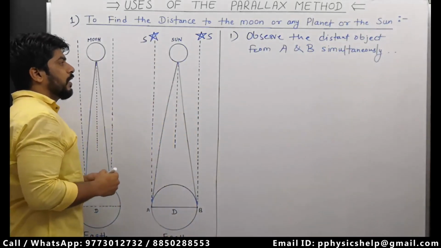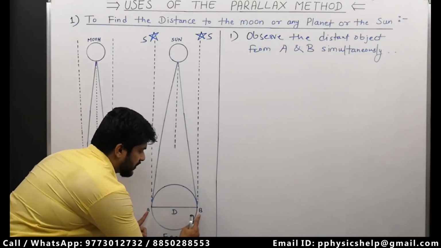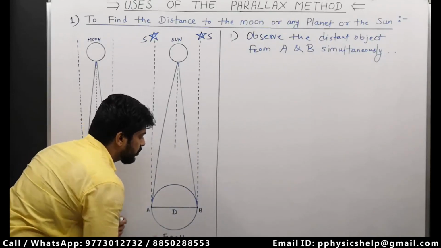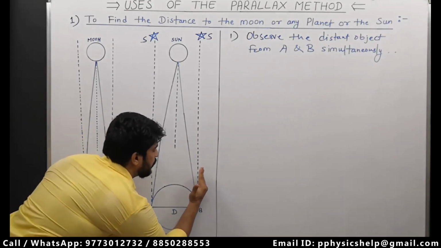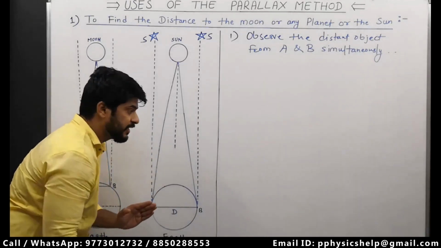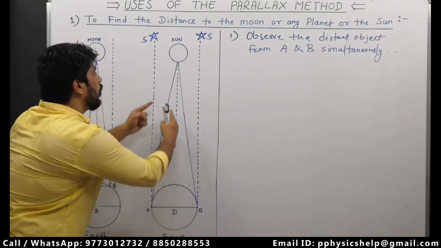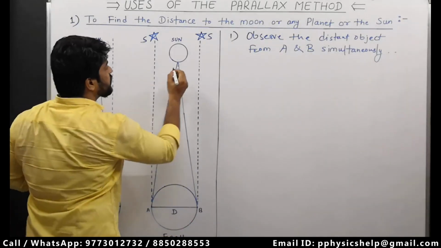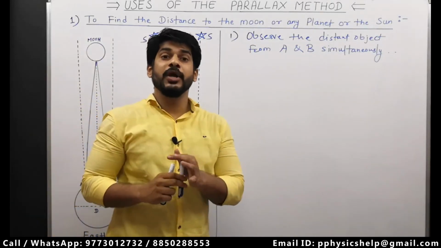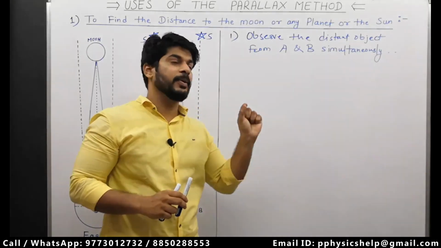Now what we do is, after we observe the same star from both positions, we rotate a little bit from both positions. Simultaneously we rotate our telescope a little bit and observe the same spot. First of all, we have to choose the same spot on the sun or any other planet.